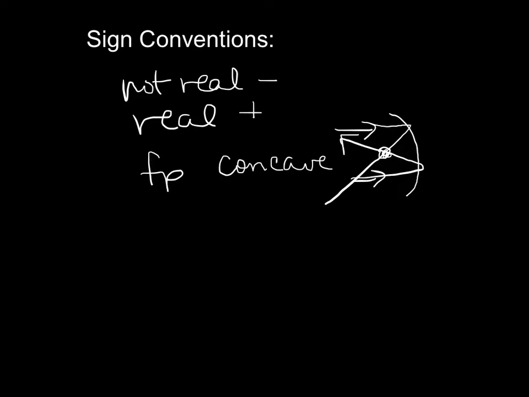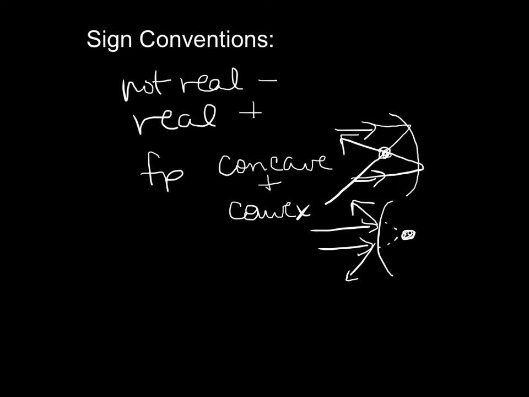So the focal point for a concave mirror is positive. For a convex mirror, your light comes in this way and bounces off this way, and so it appears to focus back here. It's not really focusing. So convex mirrors have a negative focal point.